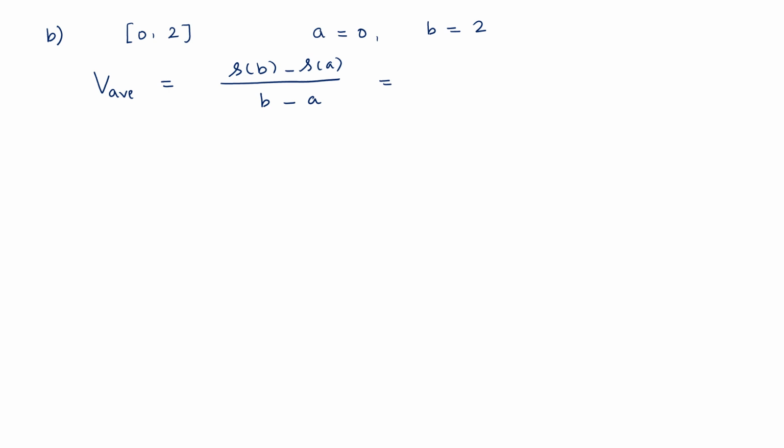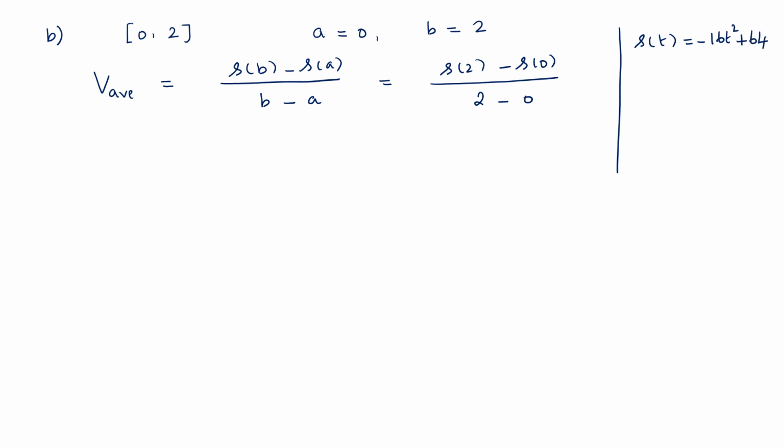So we have to find out the s of b value. It is s of 2 minus s of a value, s of 0, over b minus a, 2 minus 0. What is s of t? It is given to you: minus 16t square plus 64.